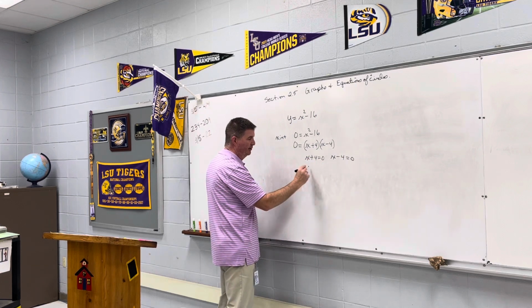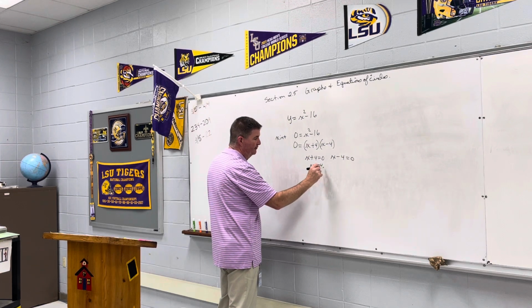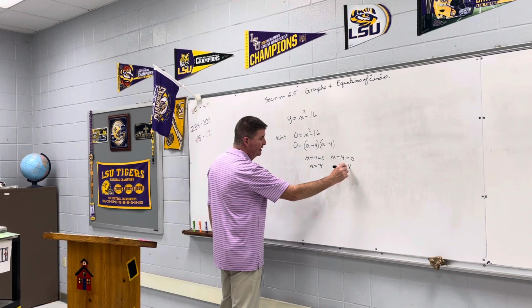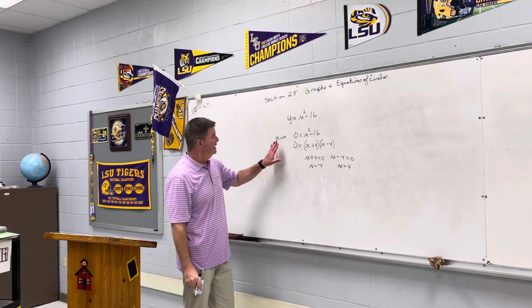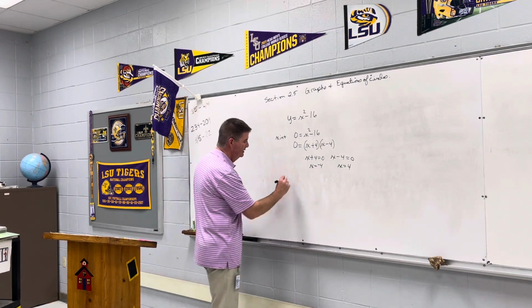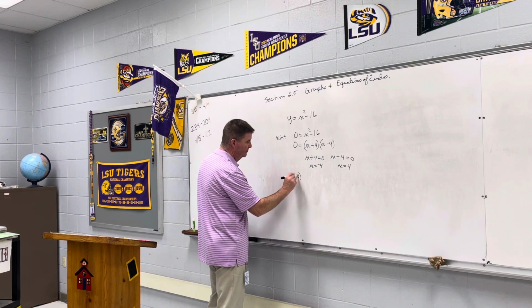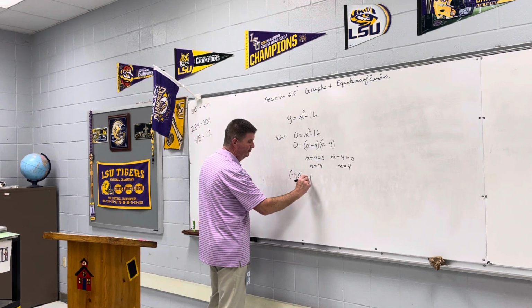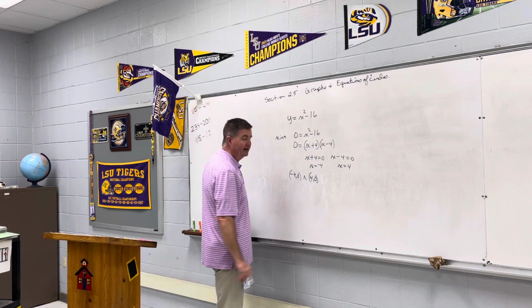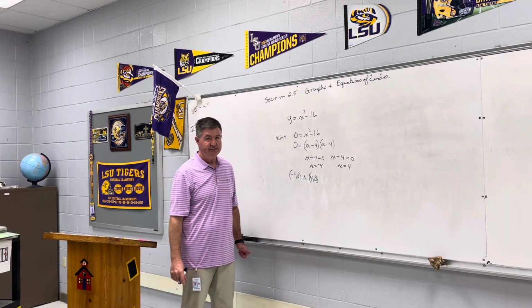And we solve for both. x equals -4 and x equals +4. So my x-intercepts would be (-4, 0) and (4, 0). That's how we find the x-intercepts.